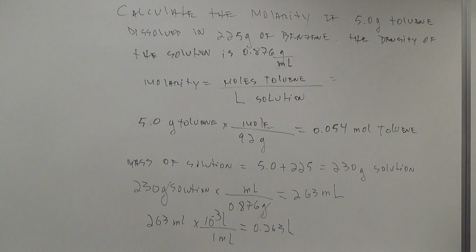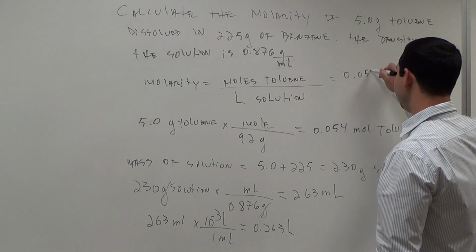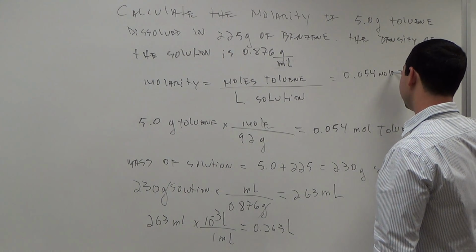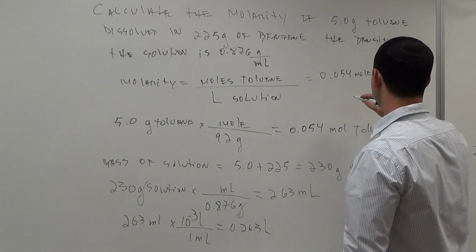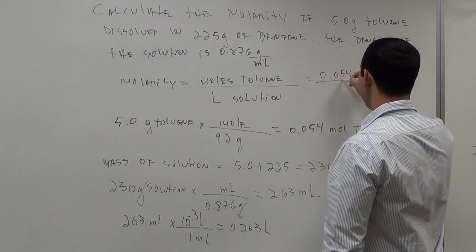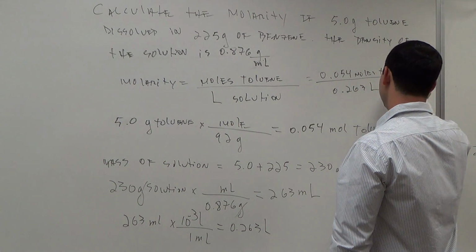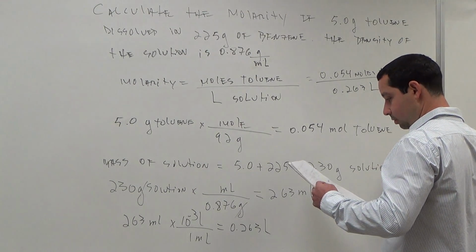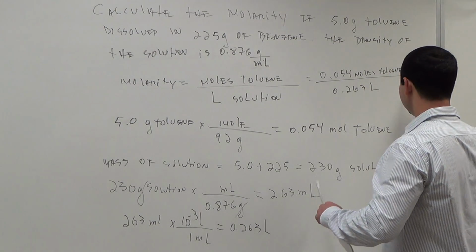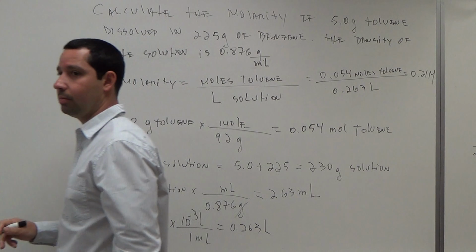So I go to my molarity equation, and my molarity equation says moles of toluene, 0.54 moles of toluene, divided by liters of solution, which is 0.263 liters. What does that give you? 0.207 molar, 0.21 molarity.